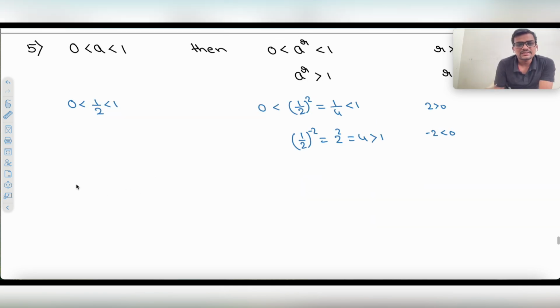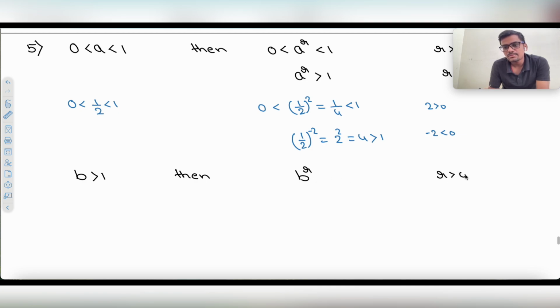Now a similar type of case I want to ask, when my number is b, and this is greater than 1, then what will happen if I raise it to some power? So if I do b to the power r, where r is positive, then this will be greater than 1 only. But if I take b to the power r, where r is negative, then this will be less than 1 and greater than 0, right?